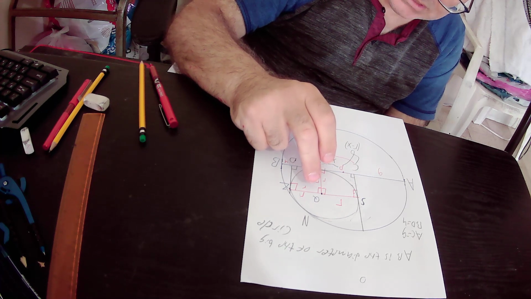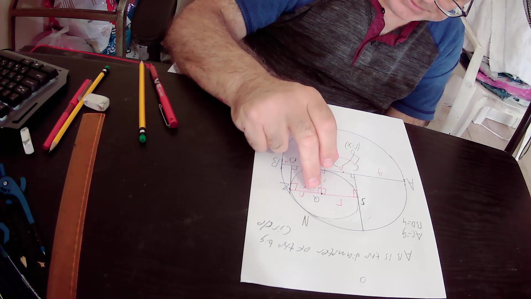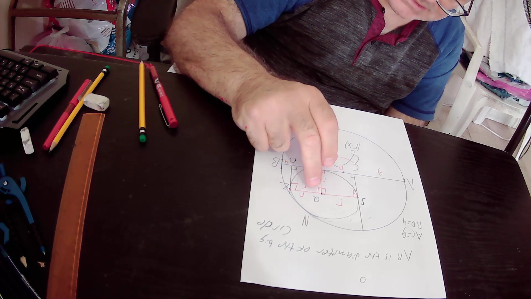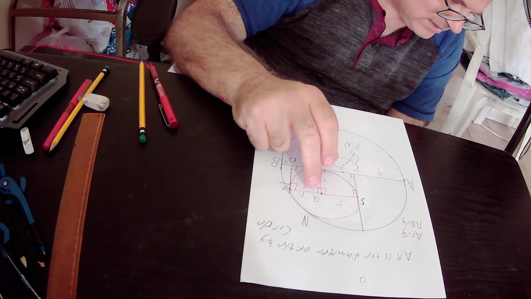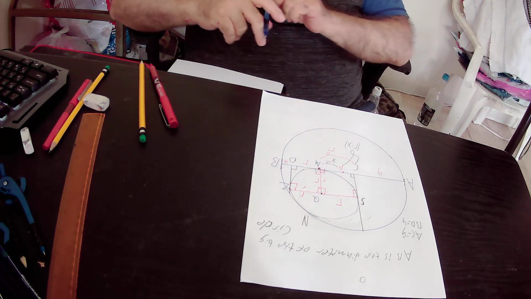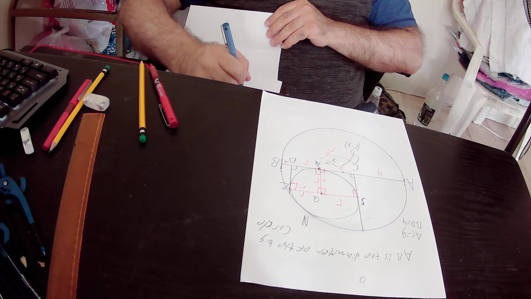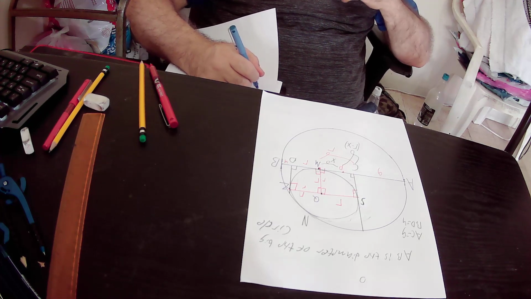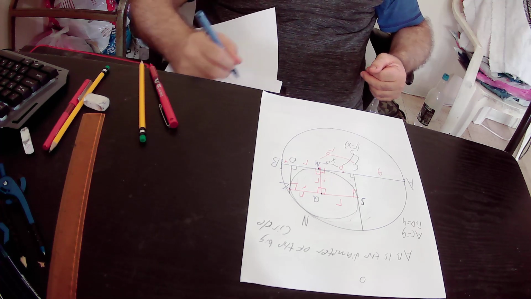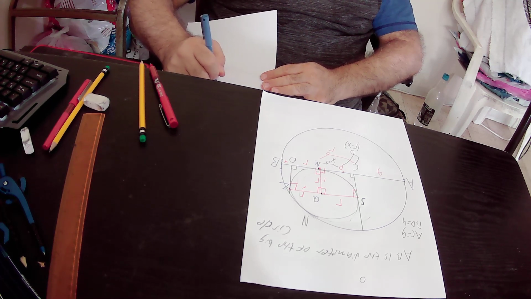So I will write it down, that QP equals, according to rule number 1, the difference between the lengths of their radiuses. The difference is capital R minus small r.